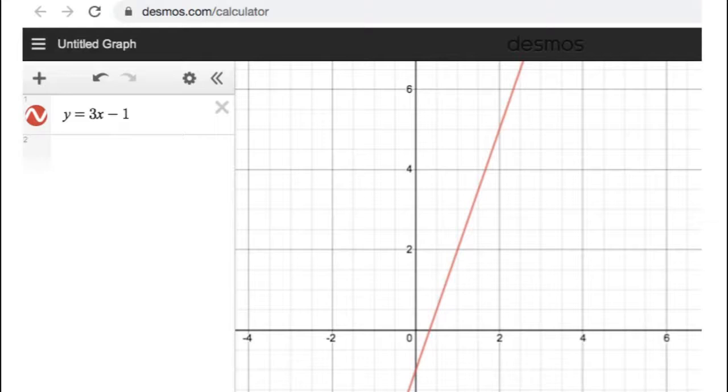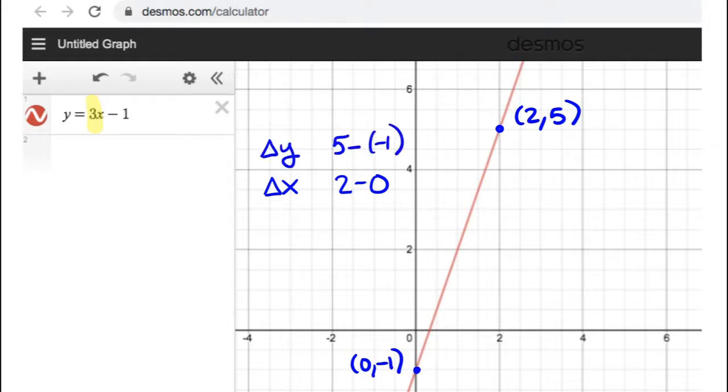Here's the graph of the line y equals 3x minus 1. We can see that the slope of this graph is 3 because if you look at any 2 points on the graph, such as (0, minus 1) and (2, 5), when we calculate the change in the x-coordinates and the change in the y-coordinates, their ratio is 3.